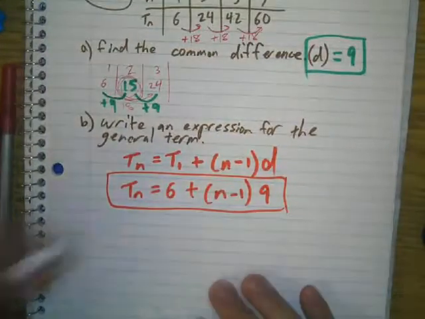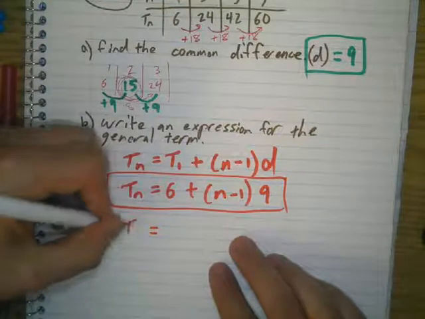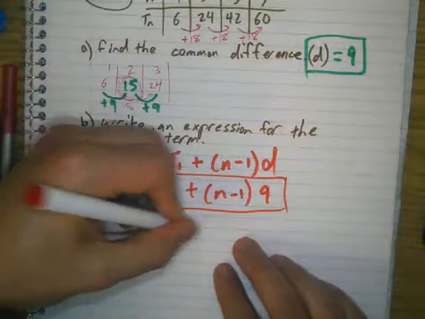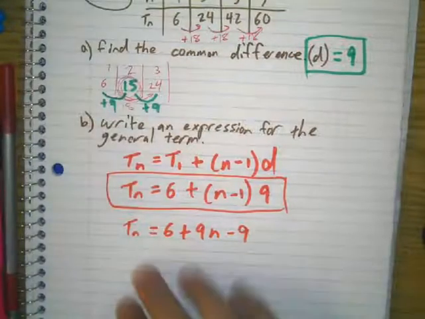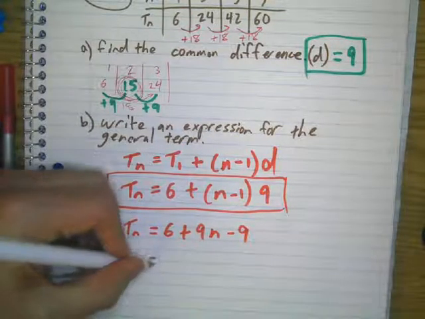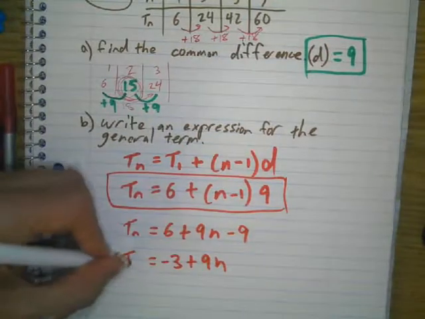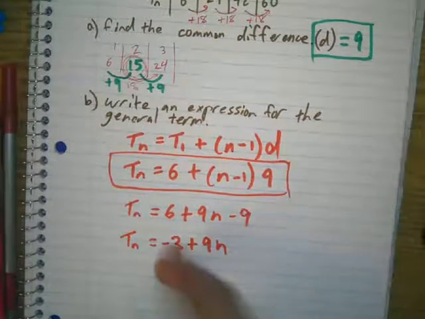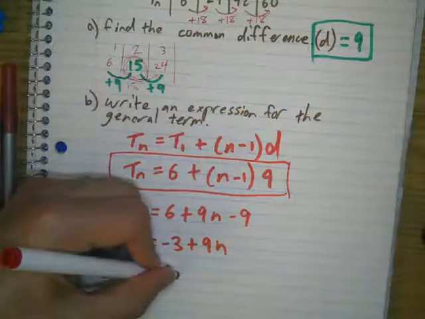Okay. Once again, they may ask you to simplify, which we would do with the distributive property with the 9. Minus 9. And then combine the 6 and the negative 9, and we get negative 3 plus 9n. You might notice, if I switched this and rewrote it, T sub n equals 9n minus 3.